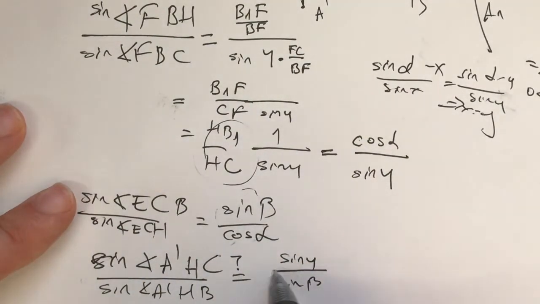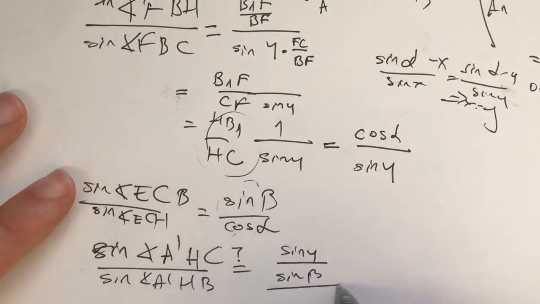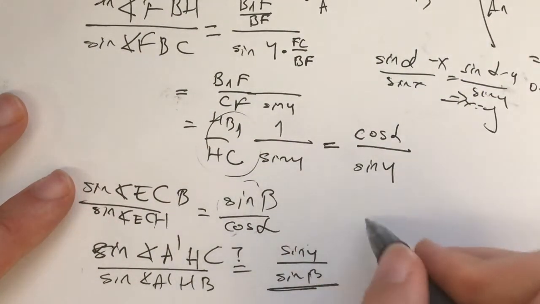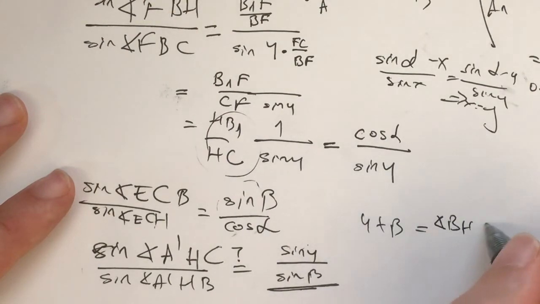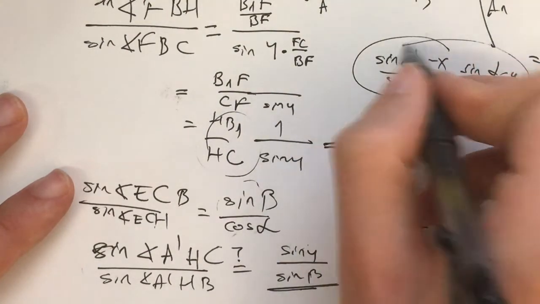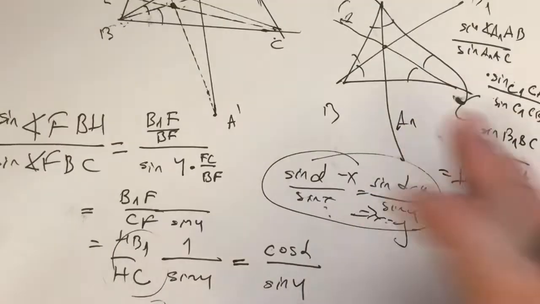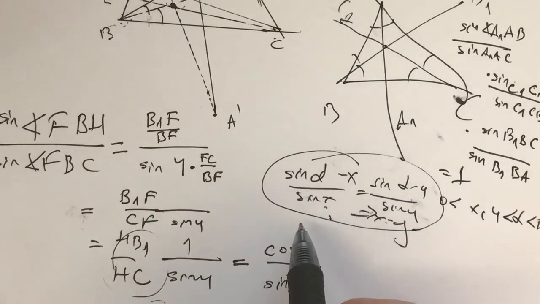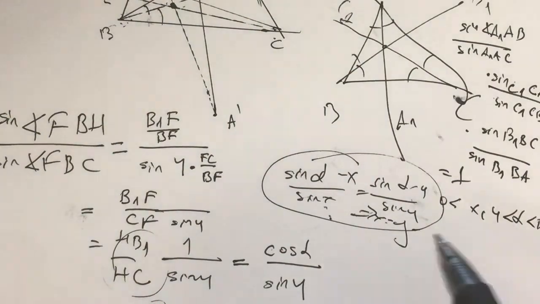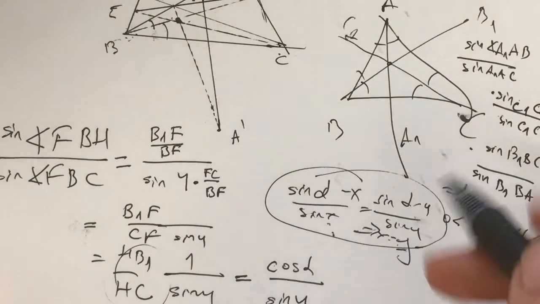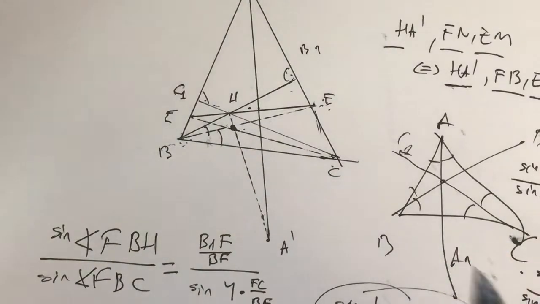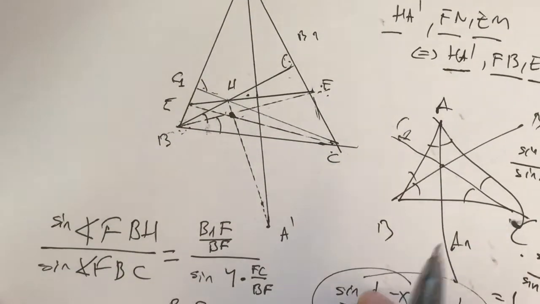Now the question is, how do we prove this? Well, also note this thing right here. Gamma plus beta is equal to BHC. So just knowing this lemma, and this is why this is such a useful trigonometric lemma, it comes up so often. I will try to drill this into you by showing you different kinds of problems where it comes out of nowhere, really.